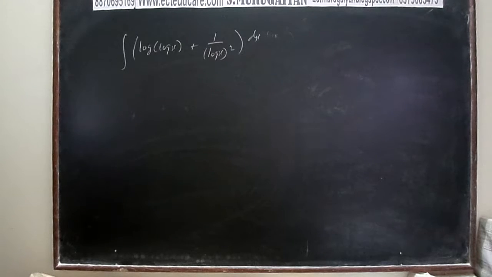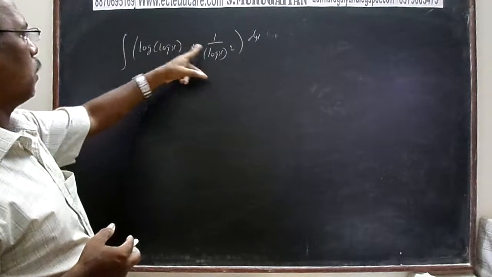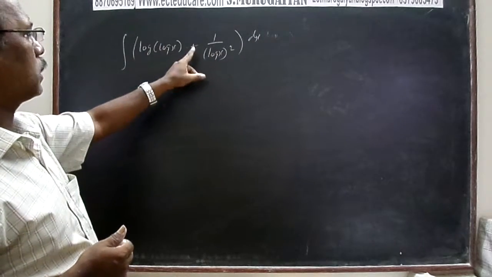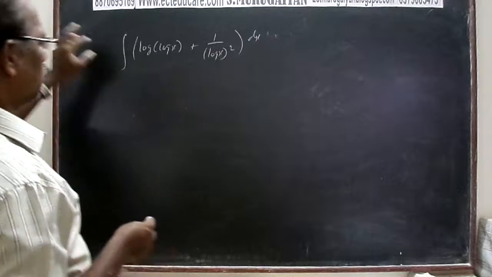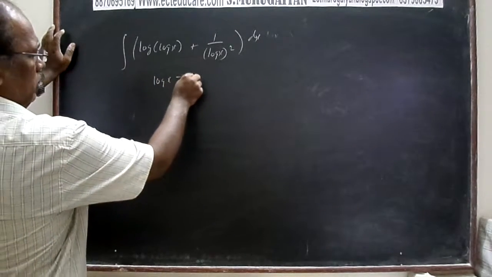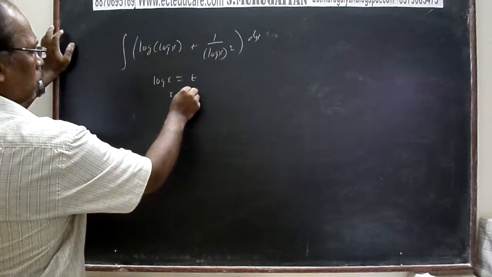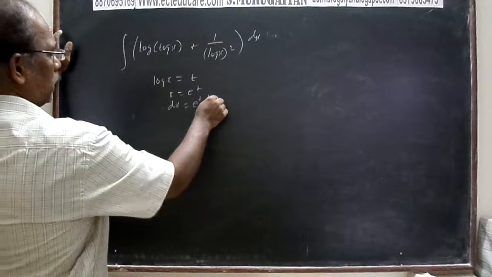Once again, the question is also based on a function of log x. So the integral of log of log x plus 1 by (log x) the whole square dx, this is a function of log x. What to do? Log x is taken as t, and x equals e power t and dx equals e power t dt.